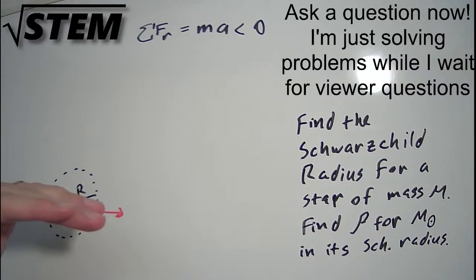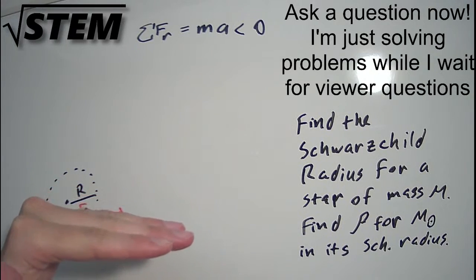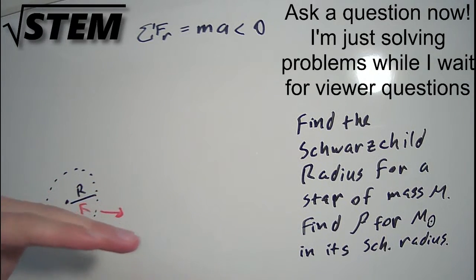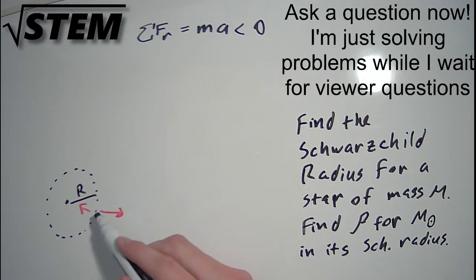And we'll say the only force on us is, like, we'll say we have speed, we're moving at the speed of light already in this direction, but we don't have anything propelling us. So the only force on us is the force of gravity pulling in the negative direction.